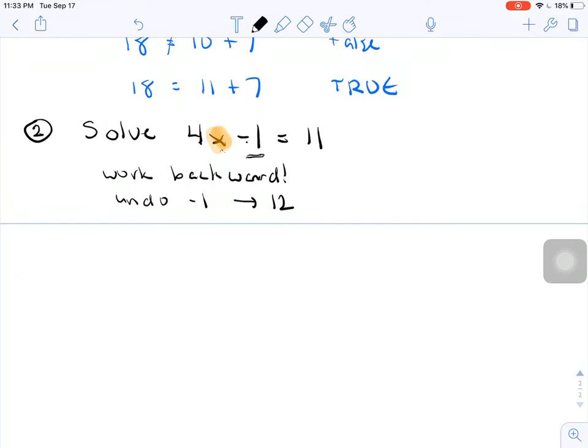Well, from here, a lot of you are probably, hopefully, starting to notice the answer. 4 times a number equals 12. If you know your multiplication facts, then you would know that 4 times 3 equals 12. So the answer must be 3.